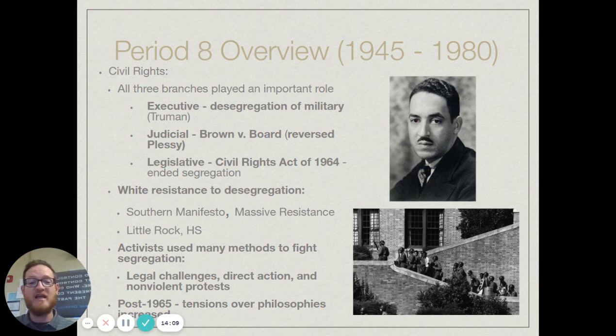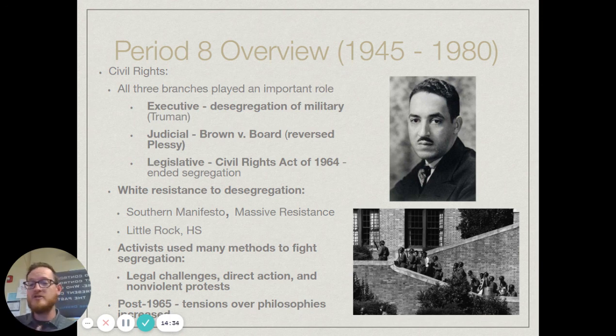You'd also eventually have legislation that would come out. LBJ would sign 2 pieces of legislation, the Civil Rights Act of 1964 and the Voting Rights Act of 1965. The Civil Rights Act of 64 is what officially ends segregation, and the Voting Rights Act is what is going to be done to get rid of poll taxes, literacy tests, and that kind of things that had been in place.